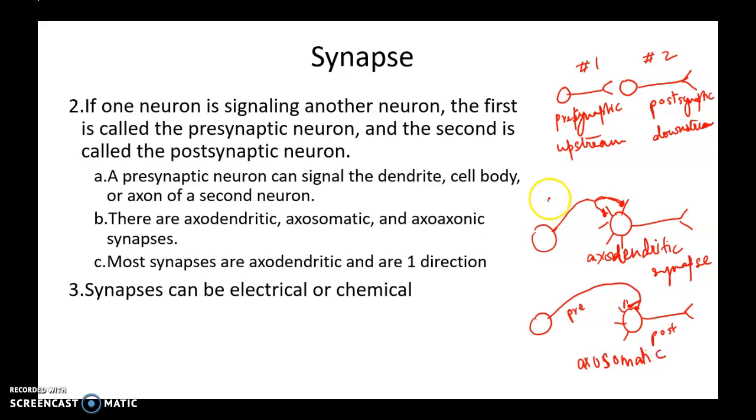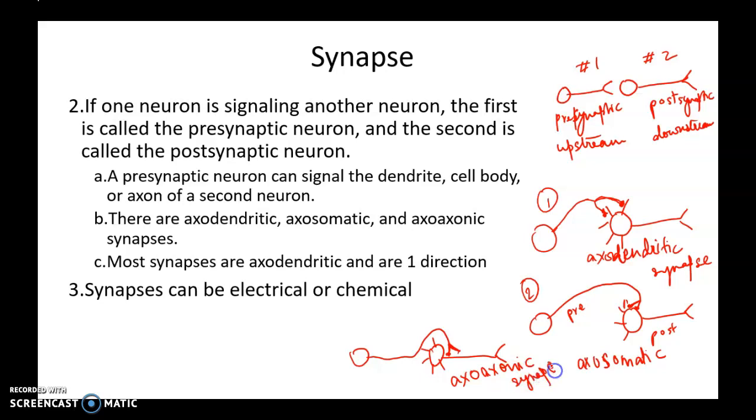All right, so this was case number 1, case number 2. The third scenario is when you have a downstream neuron and the upstream neuron is actually talking or synapsing to the axon of the postsynaptic cell. And this is called axoaxonic synapse.